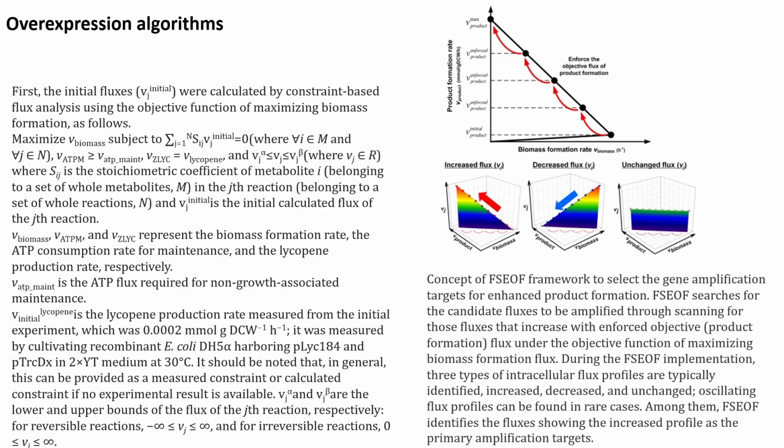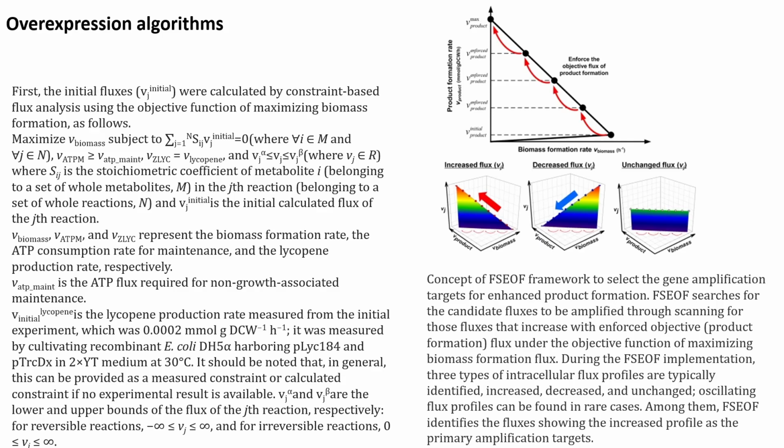Overexpression is generally done to see if a particular gene is performing a particular function. So the general idea is, when you're trying to see if this gene has this function, you overexpress that gene and see if that function increases or not.